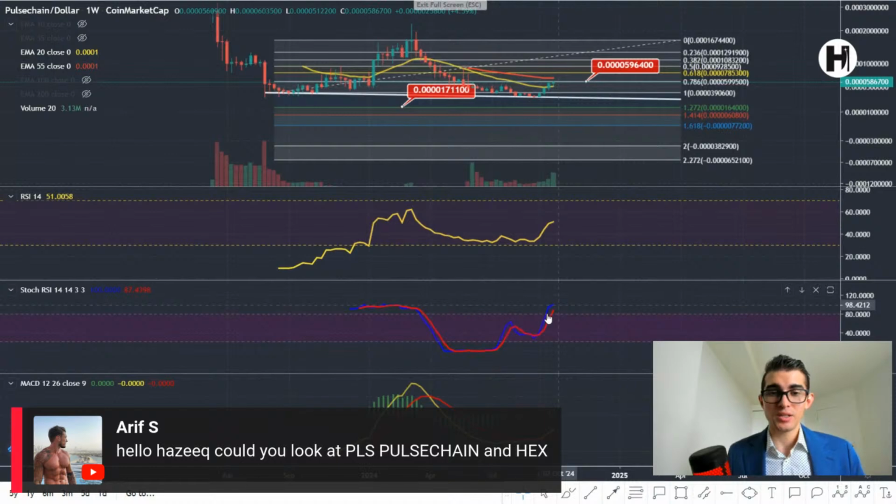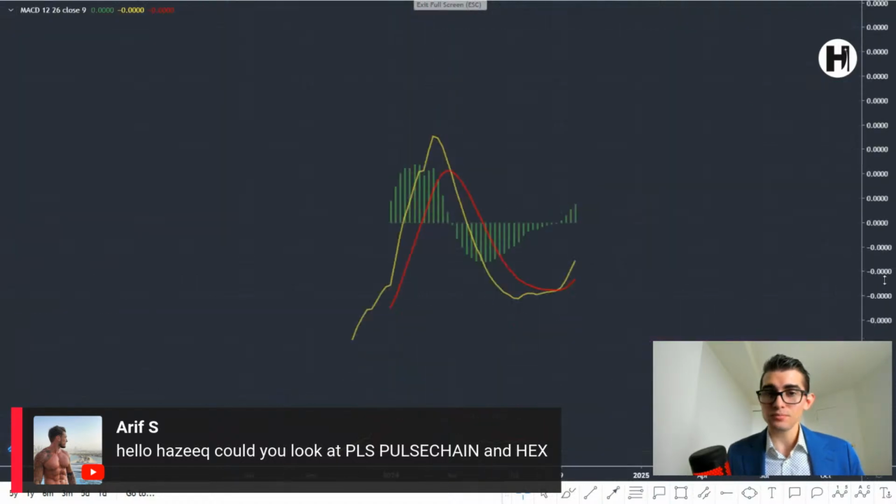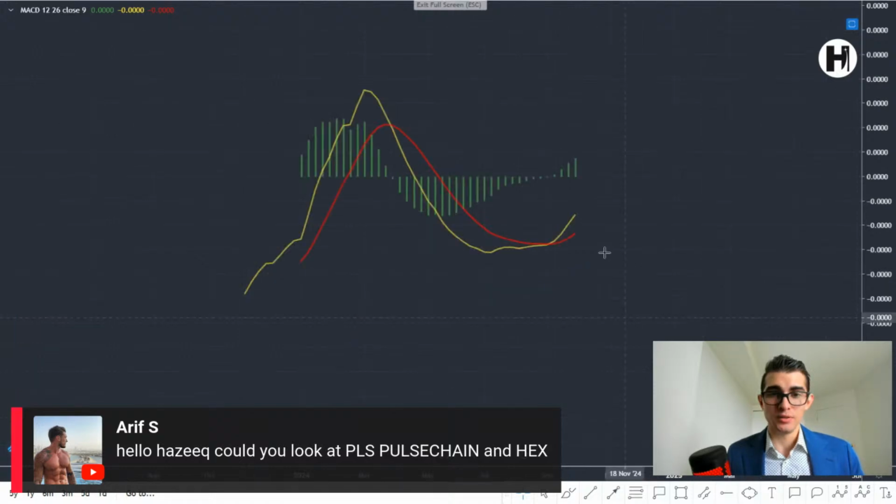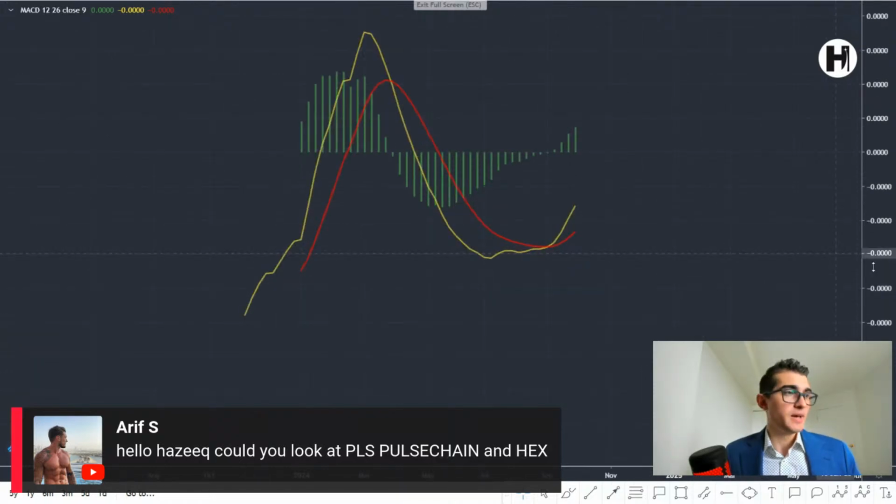The stochastic isn't overbought. The RSI had quite a pump here. It did go up 82% though. Keep that in mind. So if you want to be buying in right now, I would definitely wait for a bit.